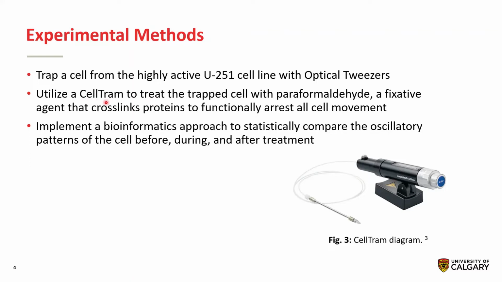We utilized a cell tram, which, as seen here, is a highly precise syringe that administers small microliters of treatment to minimize all environmental disturbances. And throughout this whole process, we recorded vibrations before using bioinformatics to statistically compare the oscillatory patterns of the cell before, during, and post-treatment.